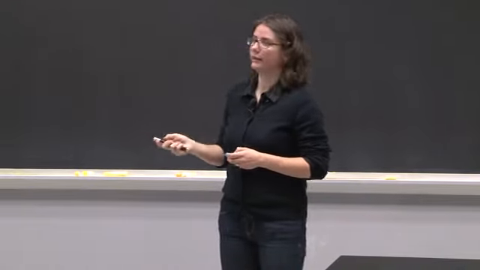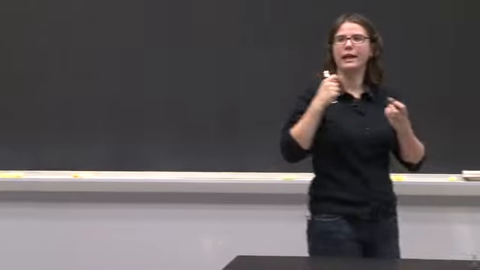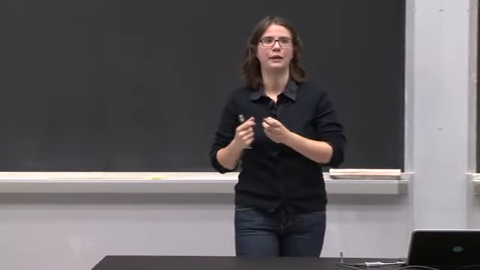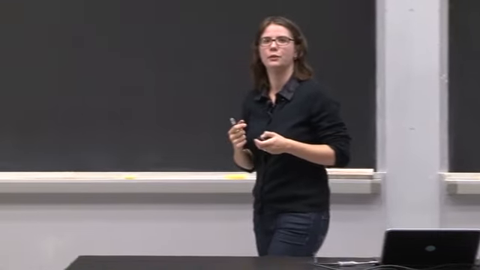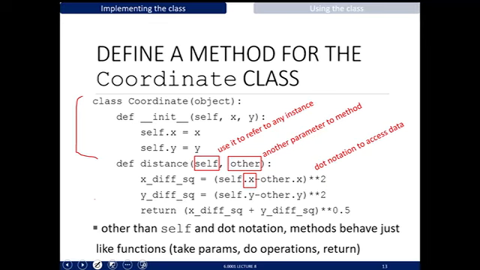Inside this method, I have to refer to the x data attributes of each object if I want to find the difference between the 2 x values. So that's why I'm doing self.x here, right? If I just did x, I would be accessing just some variable named x in a program, which actually isn't even defined.